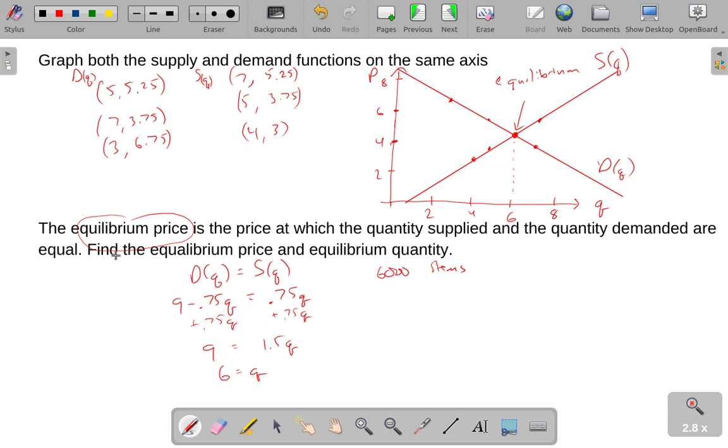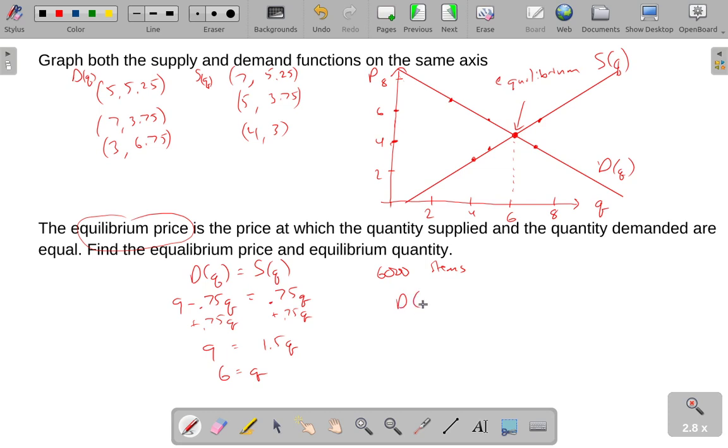We just need to find the equilibrium price. What price makes the supply and demand the same? We said that D of Q and S of Q are the same at this point, and that's what led us to conclude that Q is 6. So at this point, we can plug in 6 for Q into either the demand or the supply function.